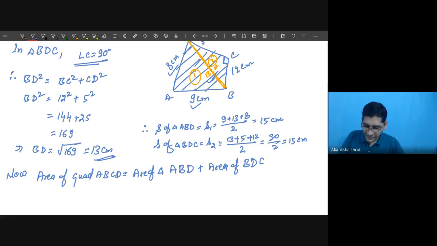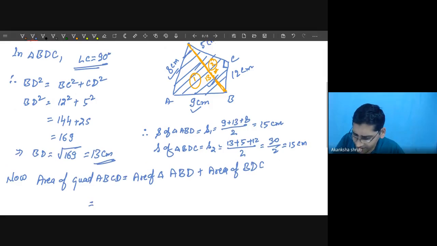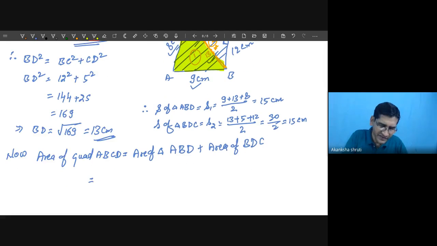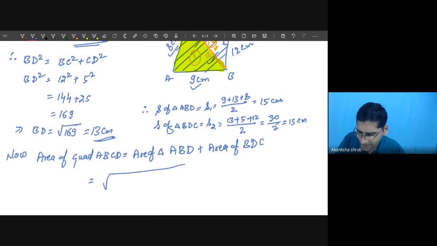For the first triangle ABD, be careful: first concentrate on the side lengths of this triangle only. You may substitute the formula first.